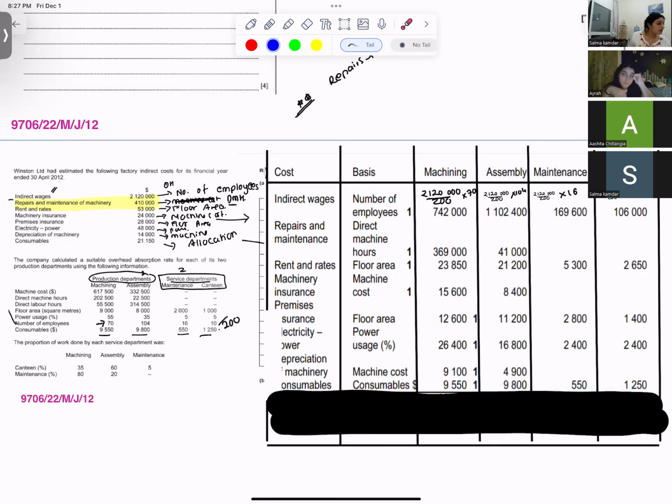Now if you see over here, how many service departments do you have? 2. So you have production departments 1 and 2, and service departments 1 and 2.